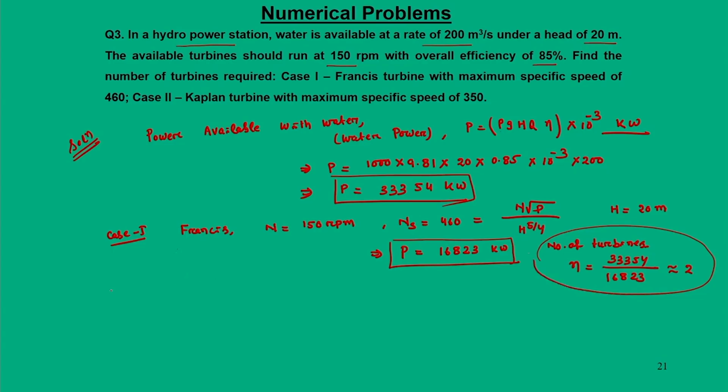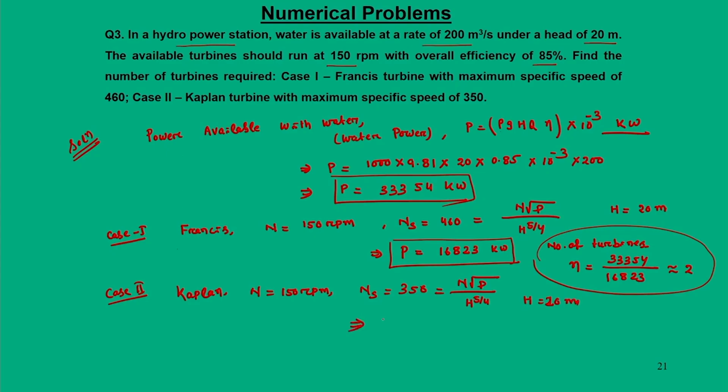For same situation, if you look for Kaplan, with same rpm, but its specific speed as 350, and the expression remains the same, Ns is equal to N square root of P divided by H to the power 5 by 4, and here H stands at 20 meter.